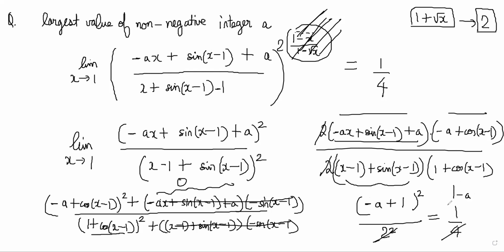You have (1-a) whole square equal to 1, so 1 minus a can be minus 1 or 1. So you'll get a equal to 2, or you'll get 0. So the largest non-negative integer a is 2.